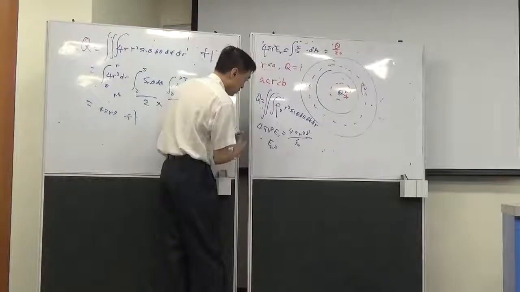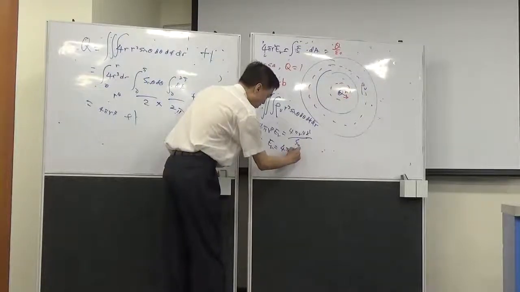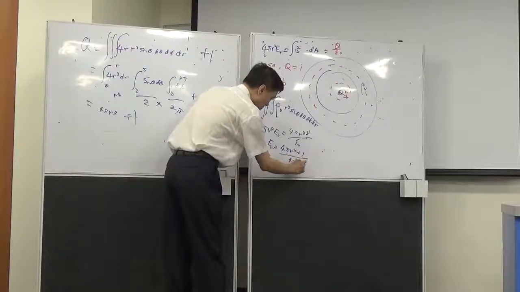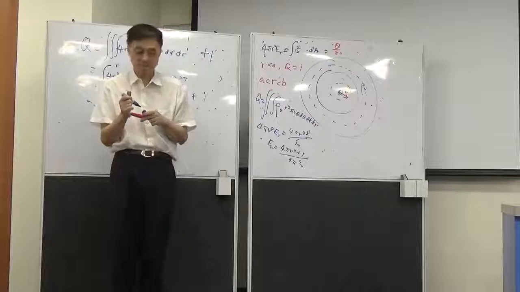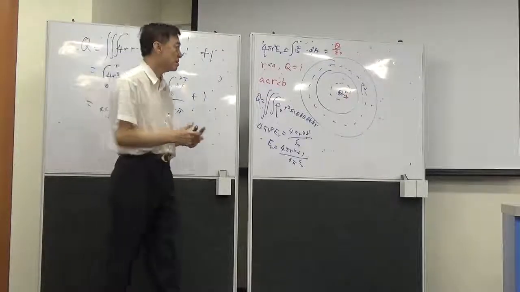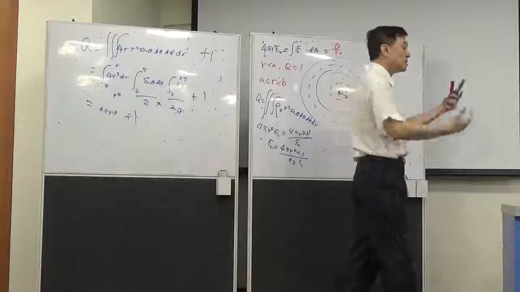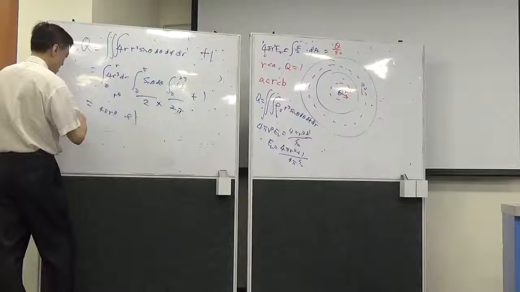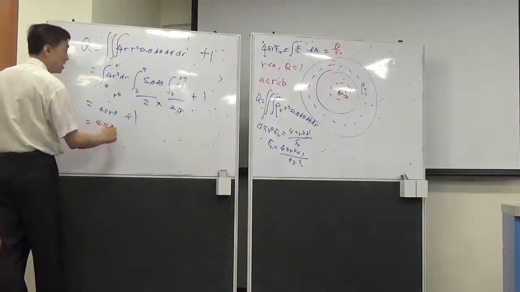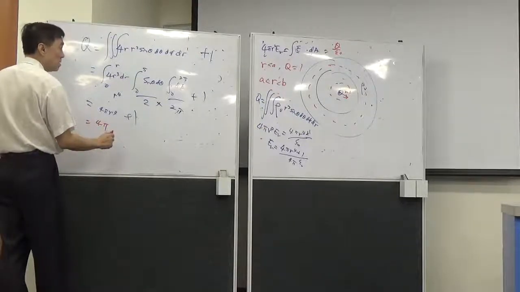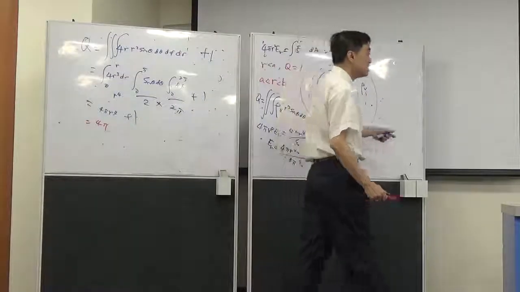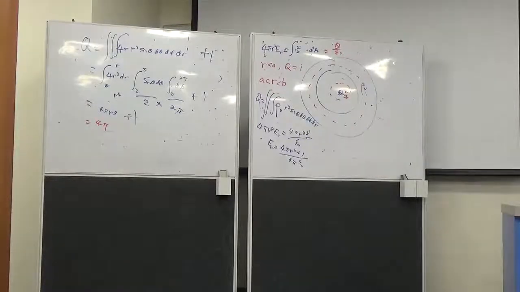So it is equal to 4 pi r to the fourth plus 1, over 4 pi. Because this thing is integrating from here to here, not from 0.